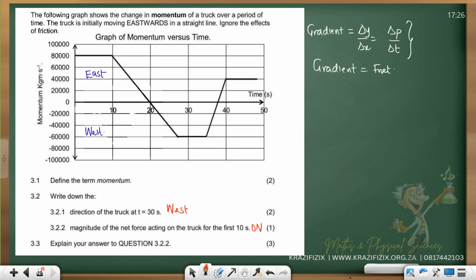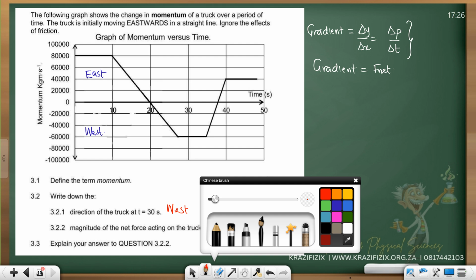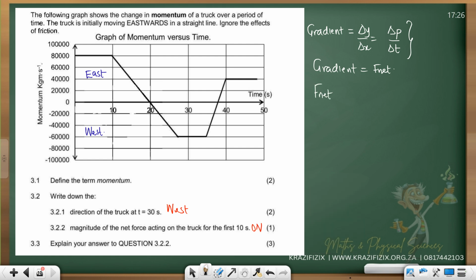Even if you don't know how to do that, you can just simply calculate. I'm looking for F net. F net is change in momentum over change in time. What's my final momentum for the 10 seconds? It is 8,000. Initial momentum, it's still 8,000, over 10 minus 0.